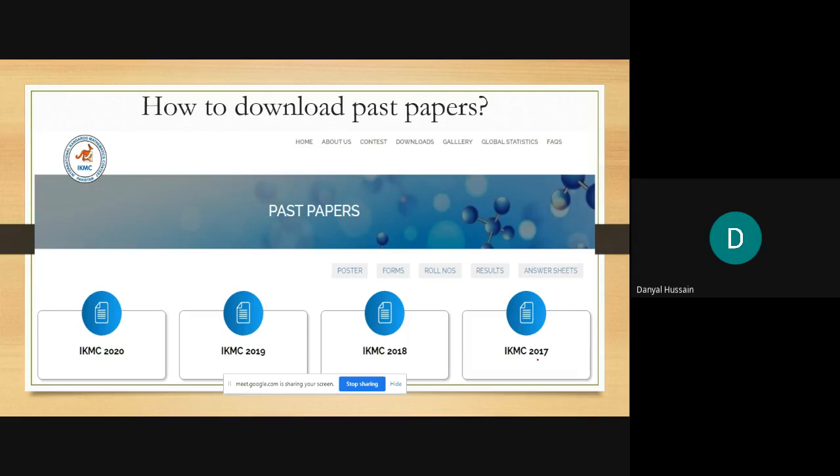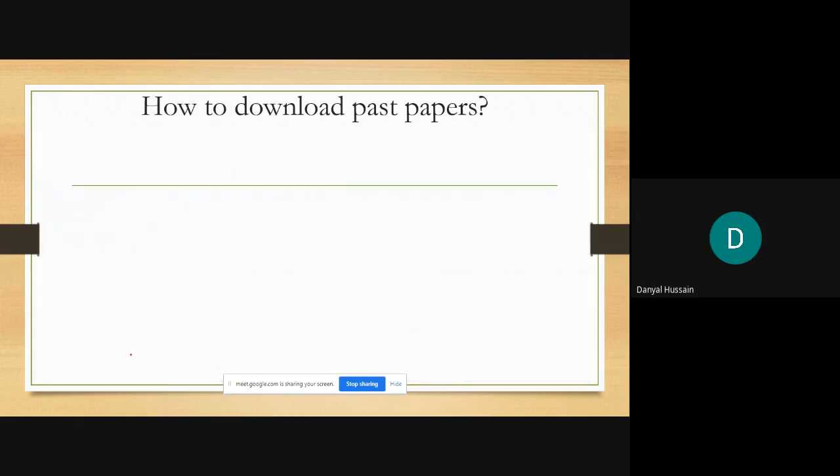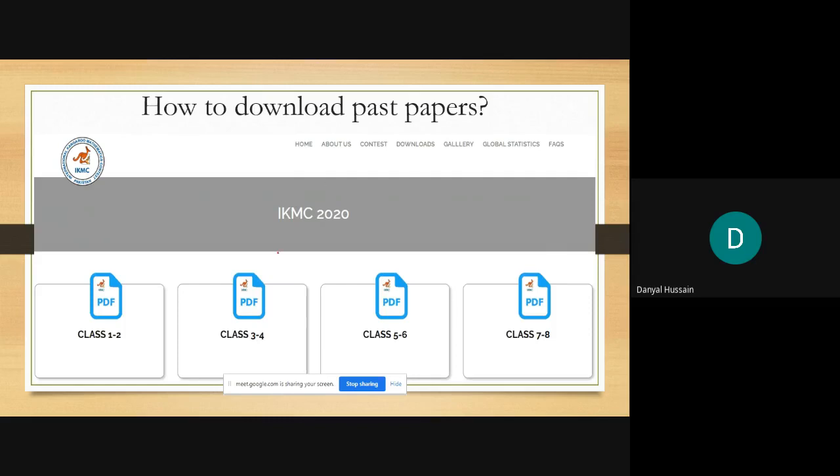We have 16 years of past papers. If I click on IKMC 2020, this kind of page will appear, in which the papers are listed according to your grade. For example, if you are in grade 6, you can click on this class 5-6 paper, and the grade 6 paper will appear.